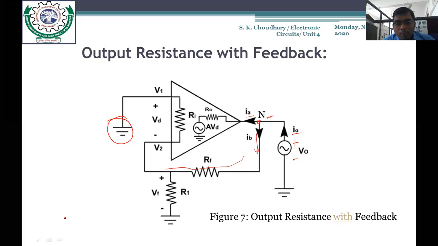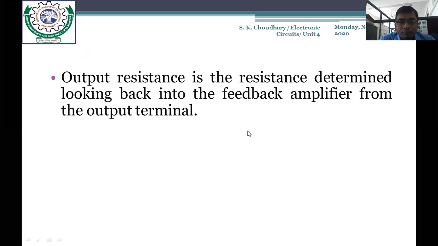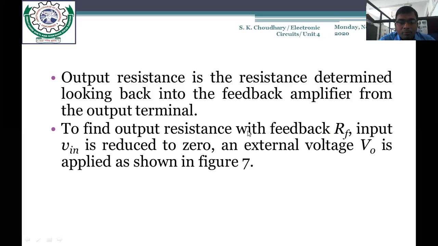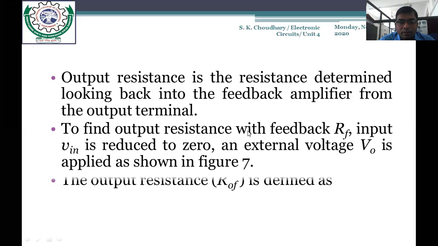Now using this circuitry, we calculate the output resistance. For that we first apply KCL at this node N. That would be I0 equal to IA plus IB, as we have mentioned here. Whatever modification we have done, we have just written.